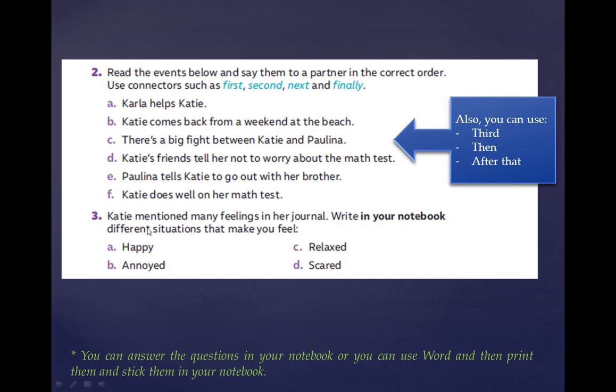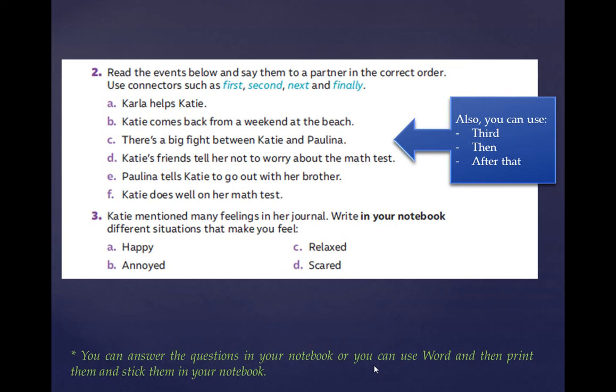Number 3. Katie mentioned many feelings in her journal. Write in your notebook different situations that make you feel happy, annoyed, relaxed, or scared. Well, I think that all of you know the meaning of happy and relaxed, but these ones, maybe you don't know the meaning. Annoyed is when you feel that something bothers you. For example, imagine a bee or a fly flying over your head and your ears.